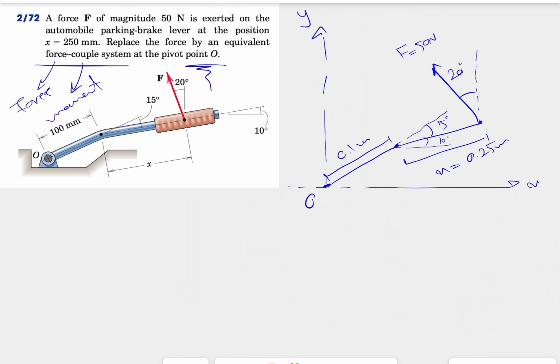So since our force is not in either x or y direction, we're going to break it into x and y components. So this will be our Fx, and we'll have Fy as well. And now we have the two forces in x and y direction. We can simply use our shortcut to answer the question.